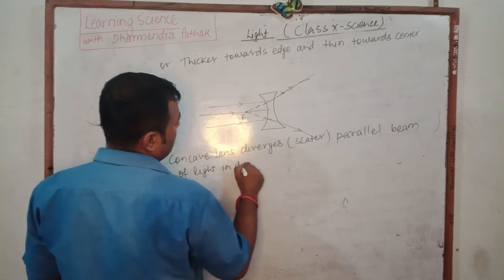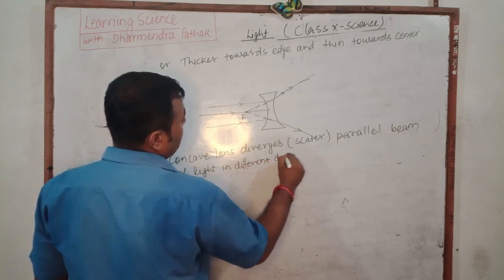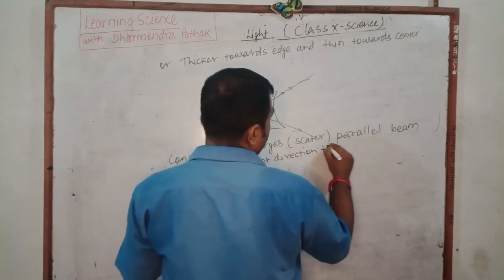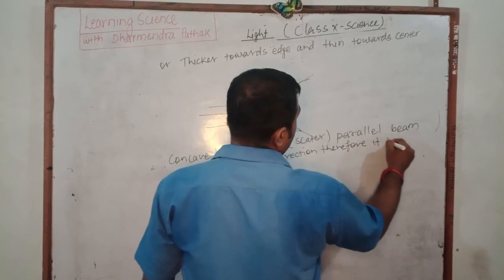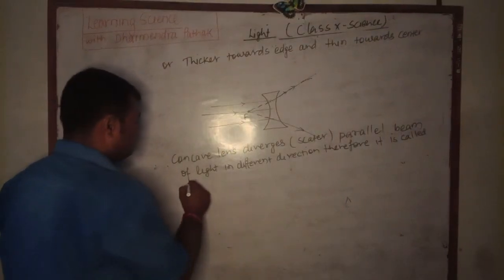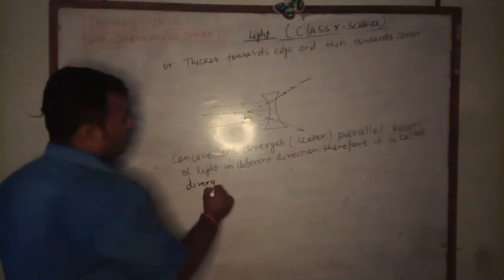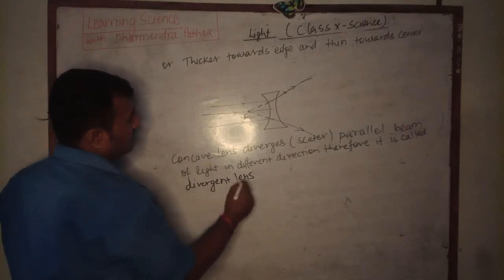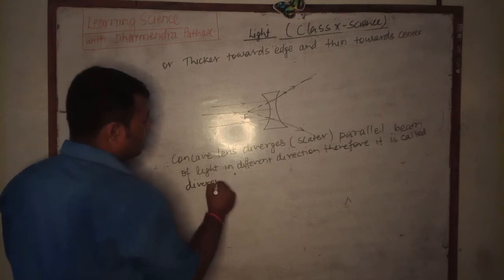in different directions. Therefore, it is called divergent lens, or also we can write diverging lens.